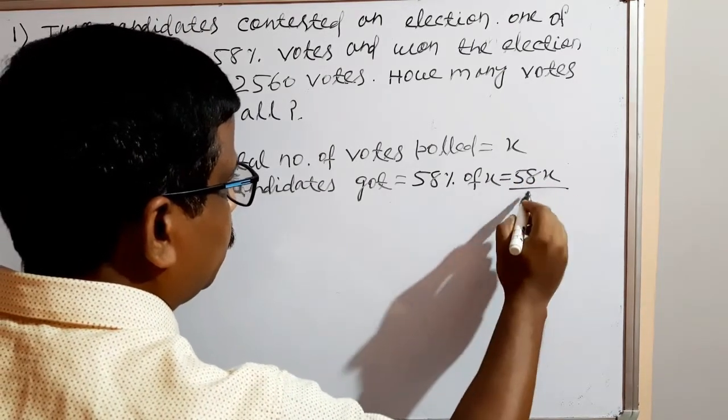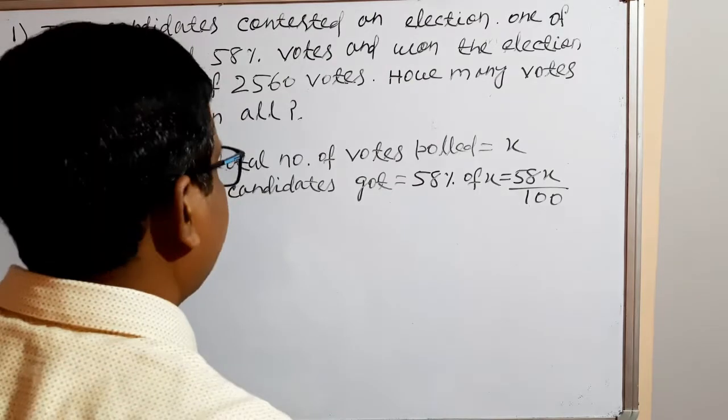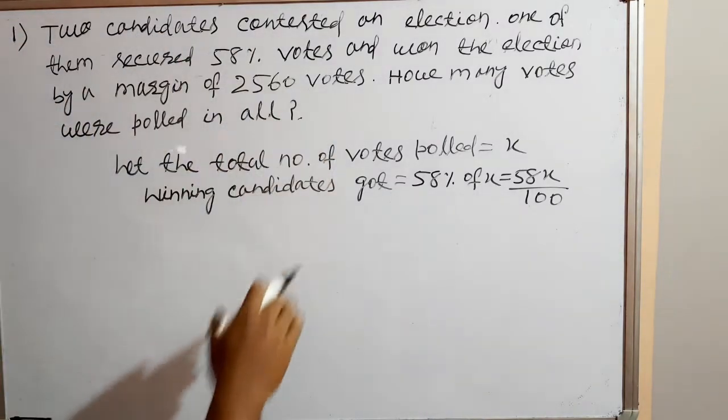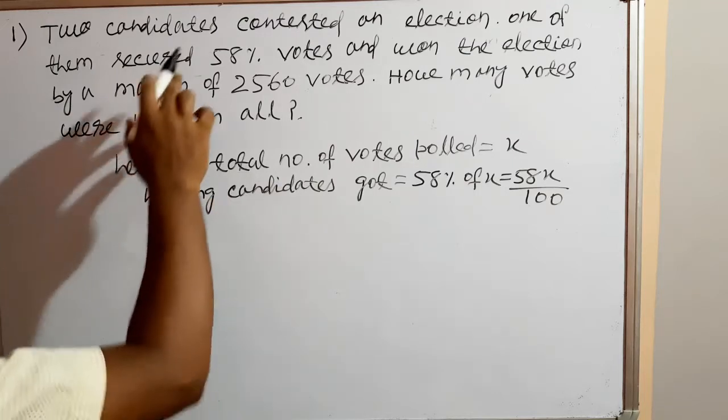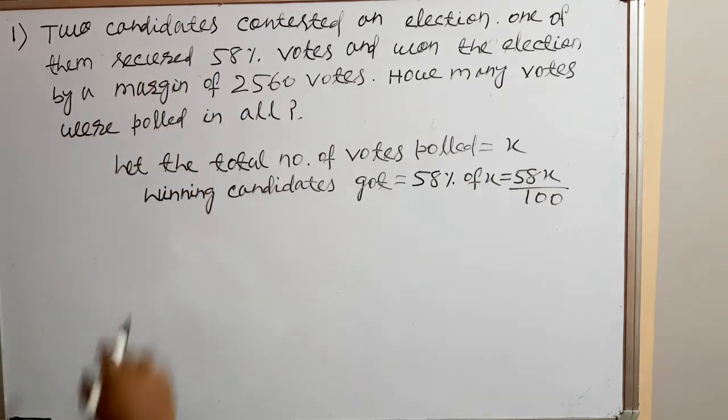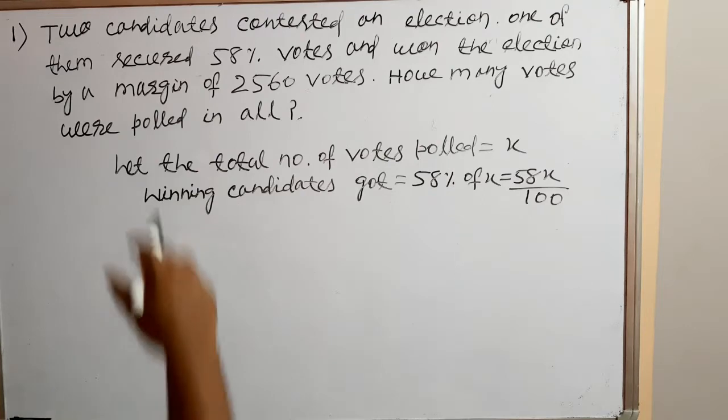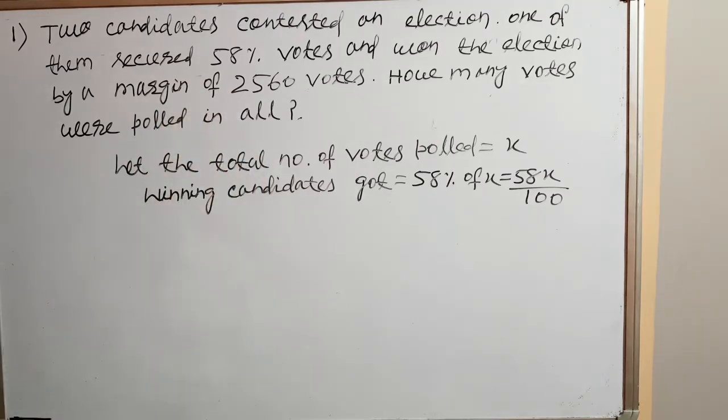That is 58x by 100. Now, if the winning candidate gets 58% out of 100, the losing candidate will get 100 minus 58, which is 42%.